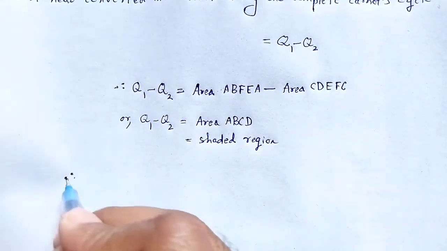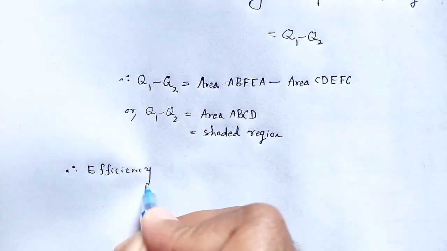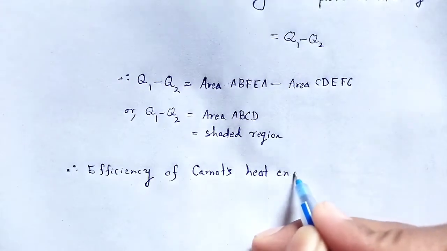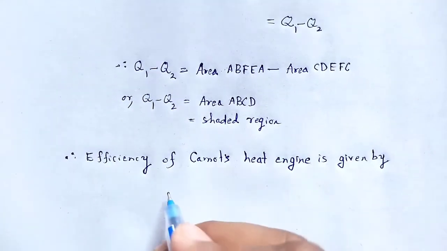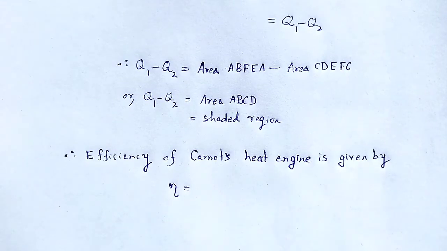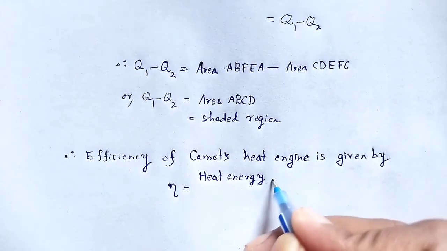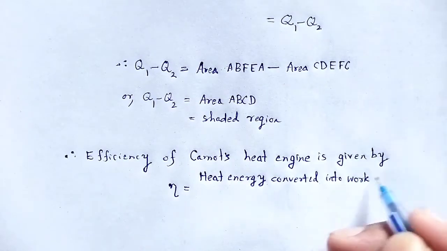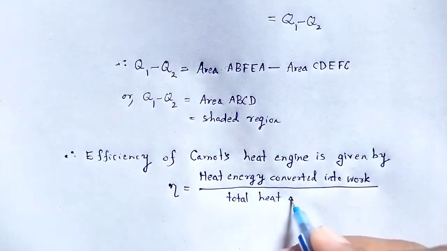Now the efficiency of Carnot's heat engine is given by eta, that is the heat energy converted into work divided by the total heat absorbed.